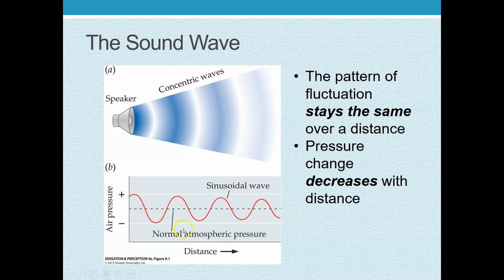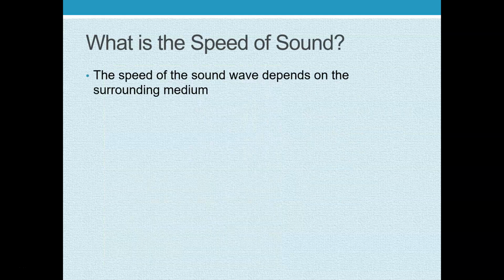Now what you'll notice though is that the intensity, the amplitude of each of these waves decreases with distance. So what this tells us is that over distance, the frequency or the pitch of a sound will stay the same, but the intensity or the loudness of that sound will decrease with increasing distance.